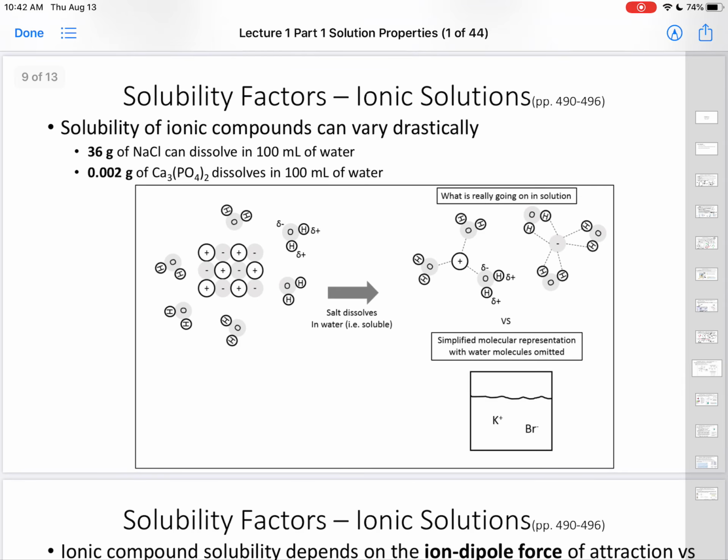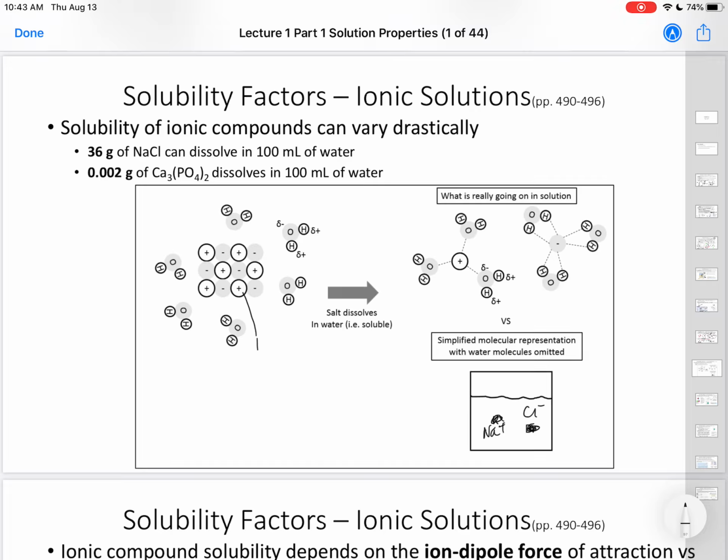Another factor that affects solubility is the idea of ion dipole interactions. If you're looking at how things are solubilized, you have some solid here. Let's call this NaCl, Na plus Cl minus.